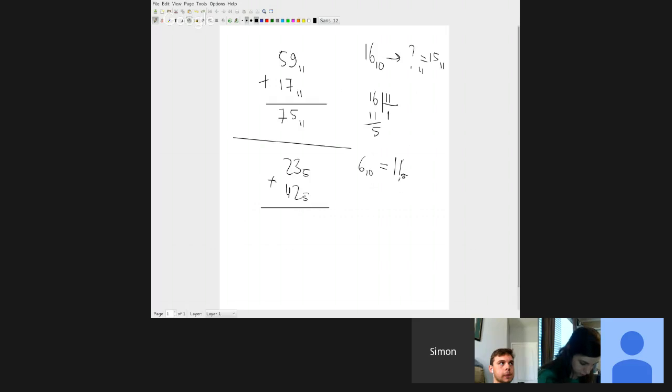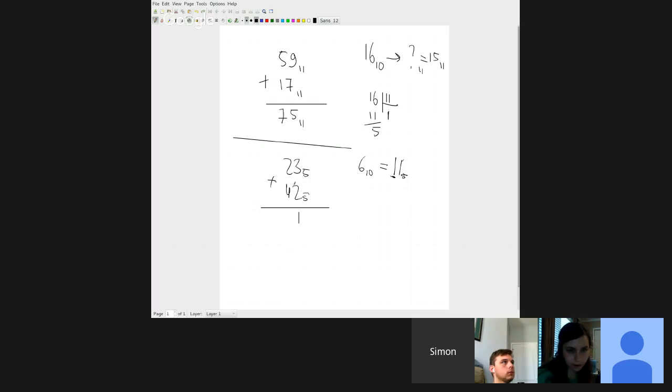The quick test: 1 times 5 plus 1 times 1 is 6. So 11, and I just write down 1 in here, and I want to carry another 1 to the next placeholder. So now I want to multiply 2 times 2, which gives me 4, and I add 1 from the previous carry, which gives me 5.